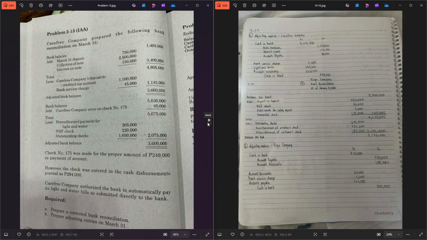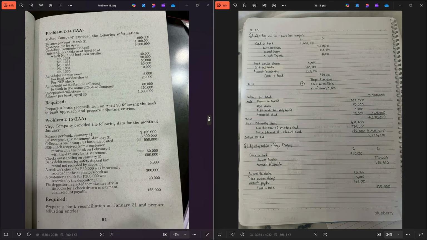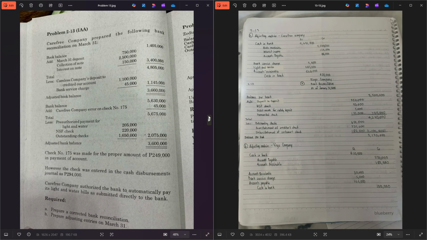That is from the book error, and the interest income is from the interest on note here. Then the notes receivable of 2,500,000, that's from the collection of note. Then cash in bank is 2,695,000, the total of the credits.